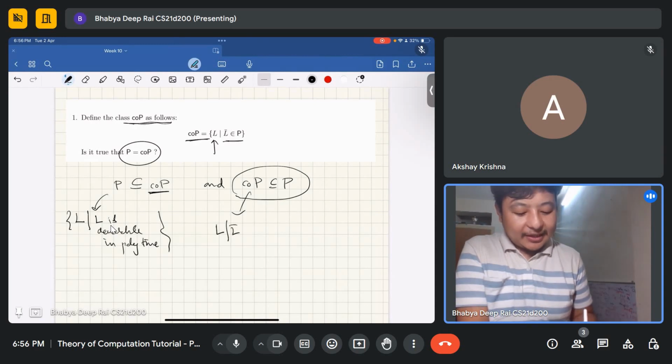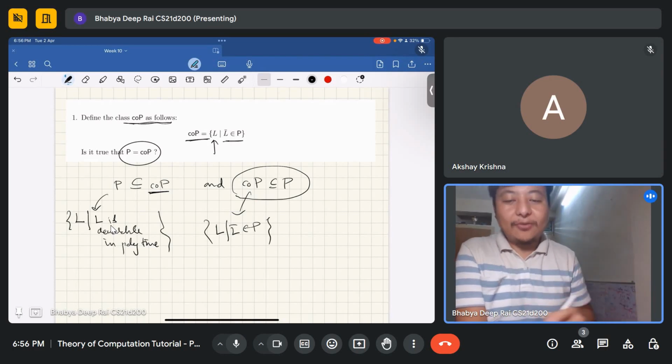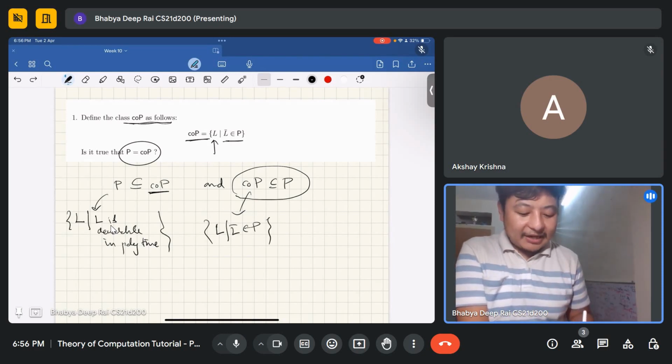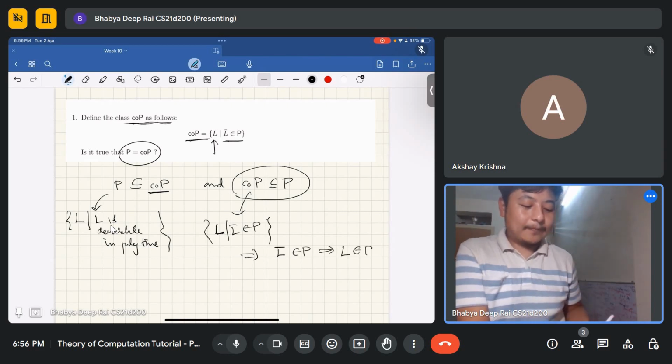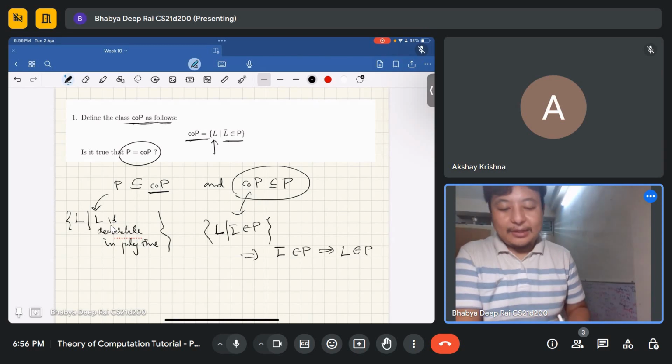All the languages such that L bar is contained in P. Now, what does it mean to say that coP is contained in P? It means that this entire set is contained in P, so each of the languages is in P. This means if L bar is in P, then L is in P. This is what the statement would mean.